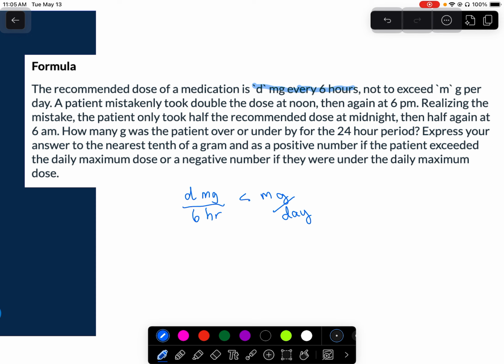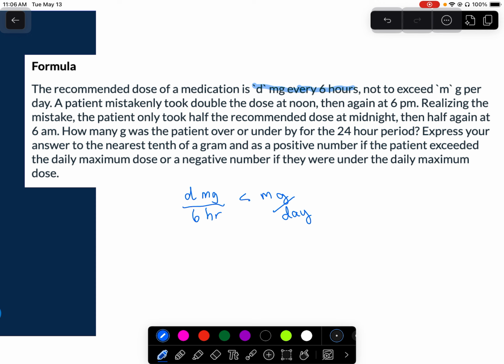A patient mistakenly took double the dose at noon, then again at 6. Realizing the mistake, the patient only took half the recommended dose at midnight and half again at 6. How many grams was the patient over or under for the 24-hour period? So I'm going to make a little chart. I think that's the best way to describe it.